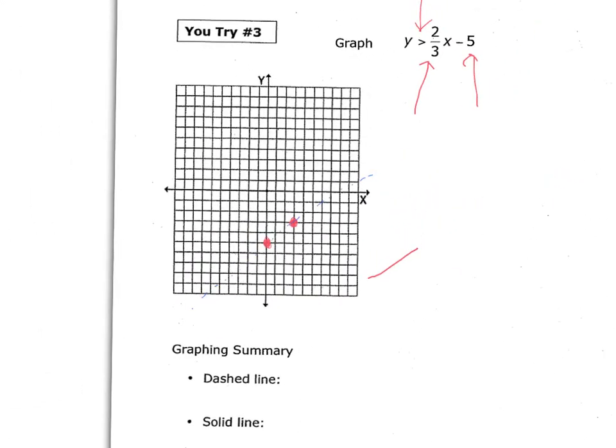And then last but not least, we need to decide which way we're going to shade. Since our y values need to be greater than that line, we need to shade everything above that line. So all those ordered pairs would make this inequality a true statement.